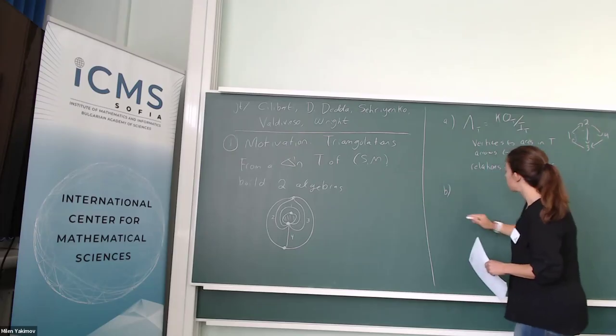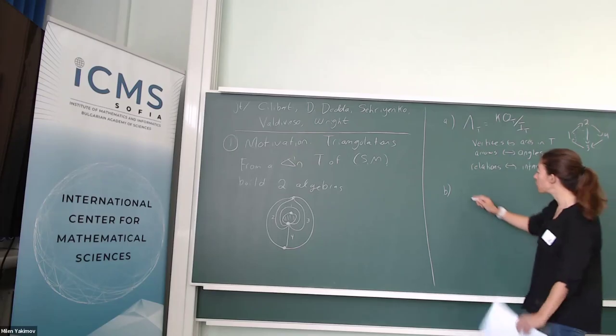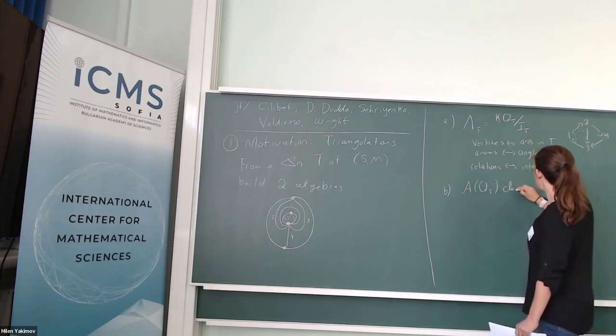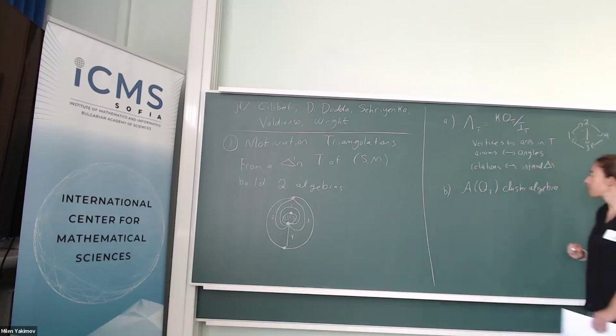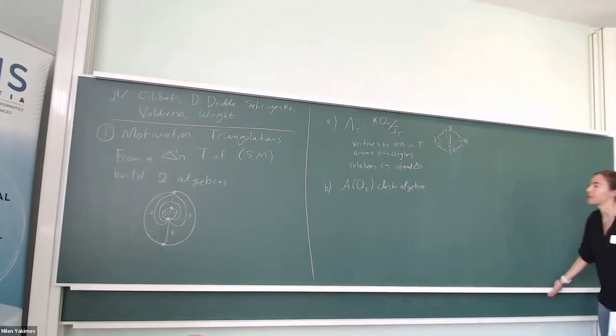That's algebra A, and then algebra B that we can build from this, which has also been briefly mentioned, would be a cluster algebra. People like to talk about cluster algebras and not define them, and I'll do the same.